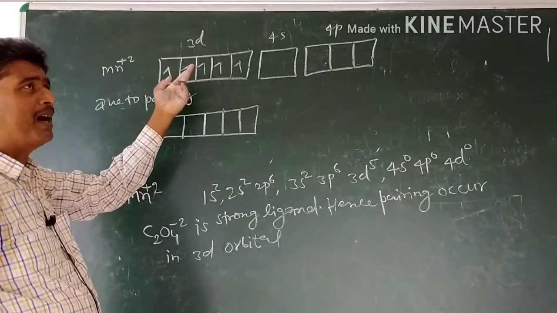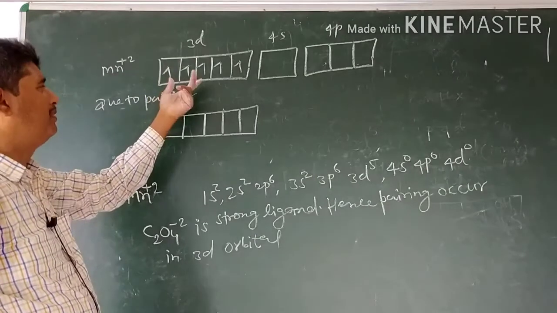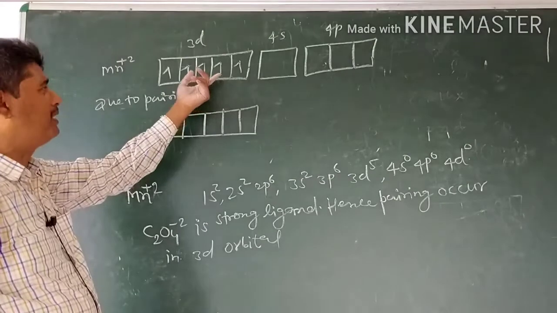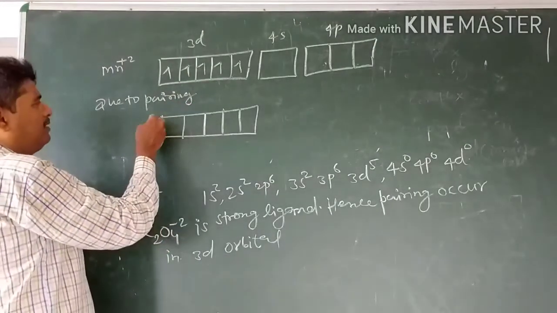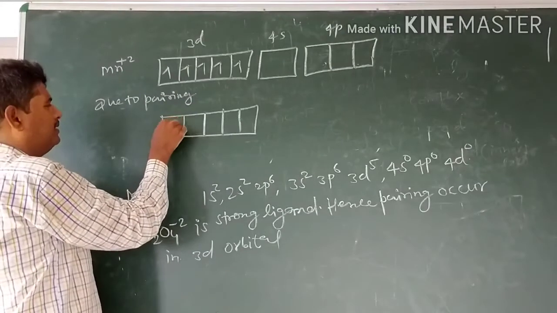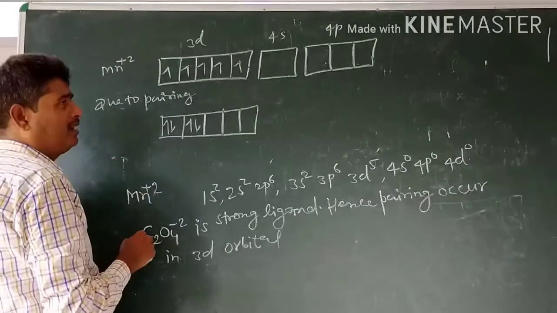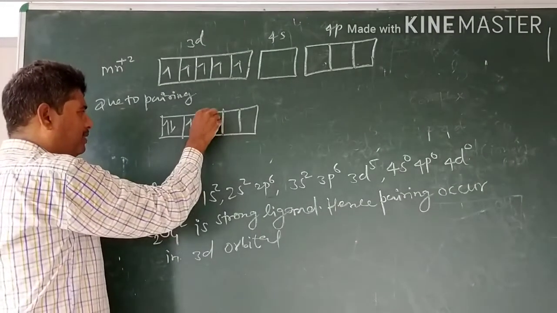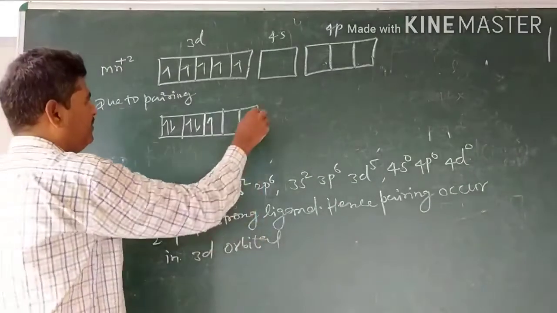So we will obtain only 2 pairs on the basis of 5 electrons. 1 electron will remain unpaired. So, due to pairing, 2 orbitals are filled and 1 will have a single electron, that is in unpaired form.